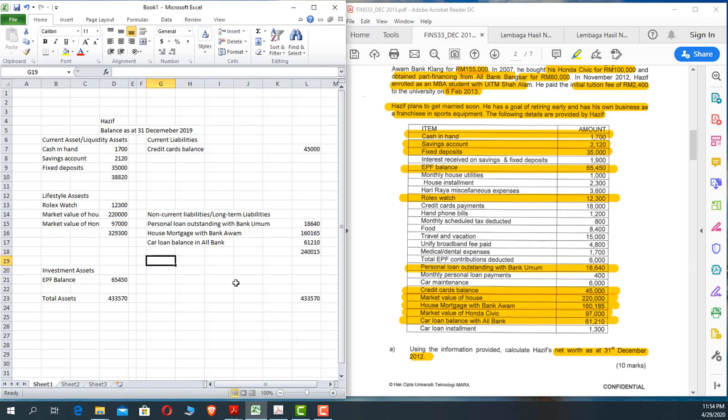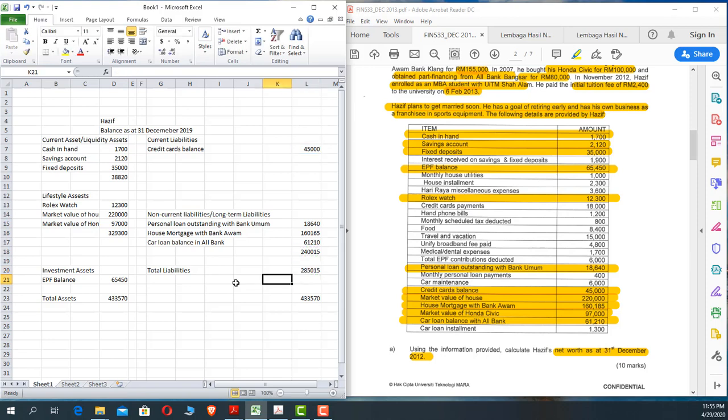So total for liabilities 45,000 plus 24,015.